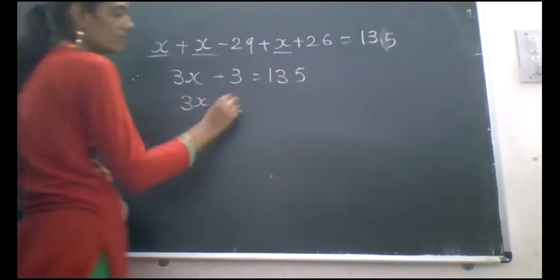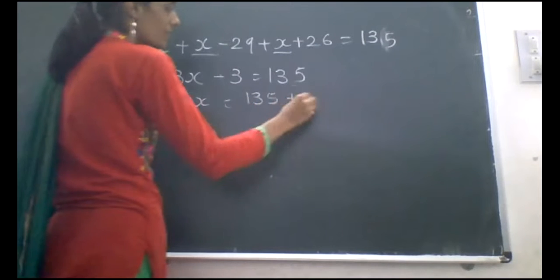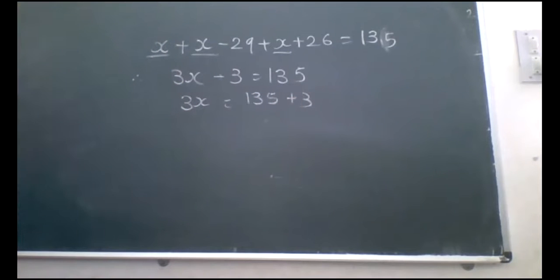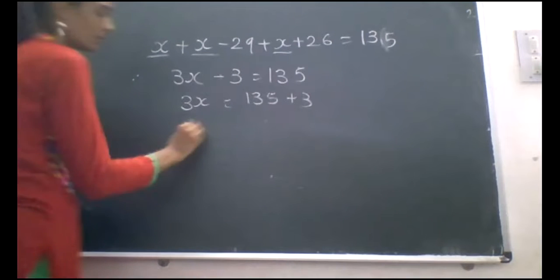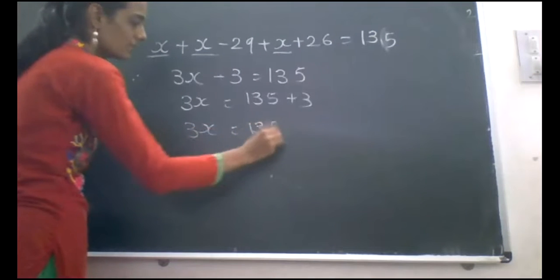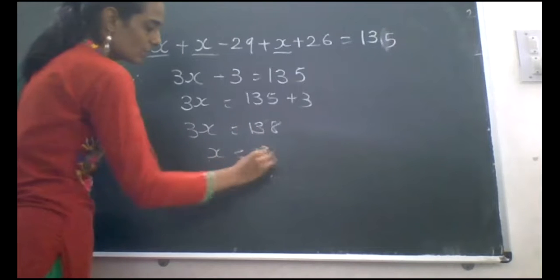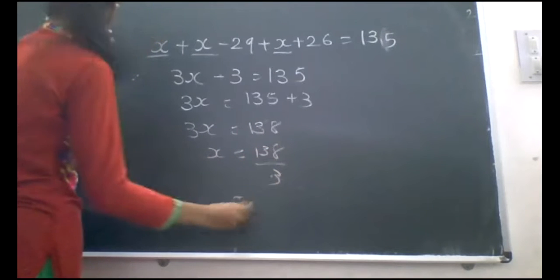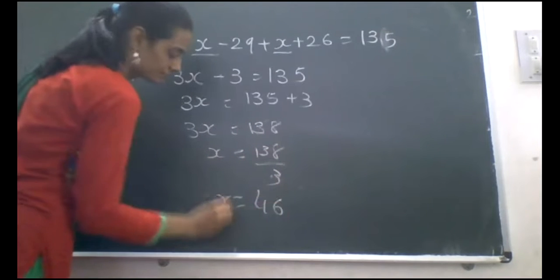Do it yourself, 135 plus 3 is 138. 3x is equal to 138. X is equal to 138 upon 3, equal to 46.